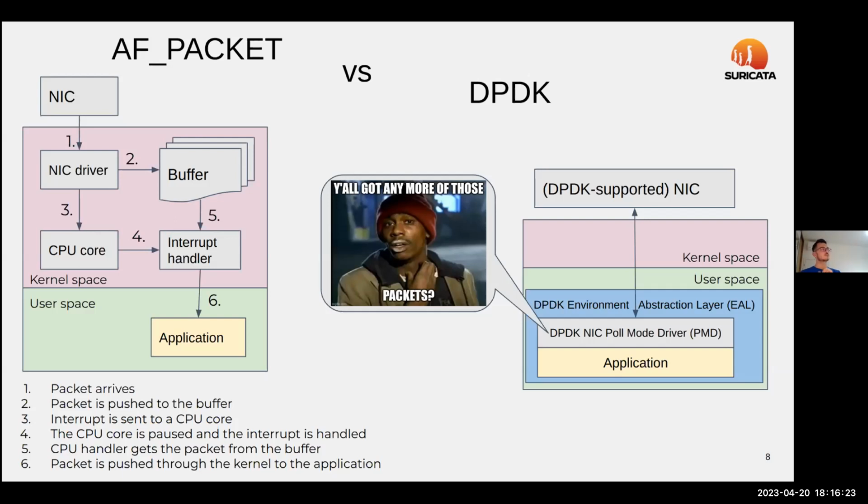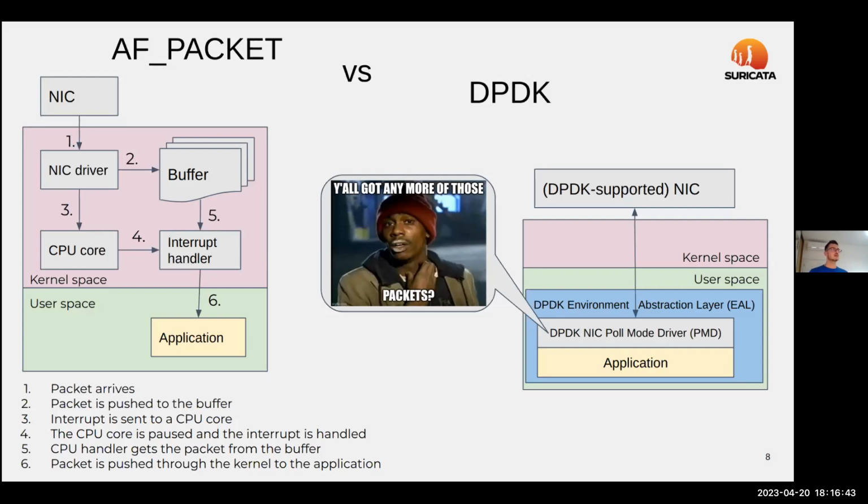Now, when the CPU core notices this interrupt, it will call an interrupt handler, which is essentially a callback, which will take that packet off the buffer and push it towards the application.